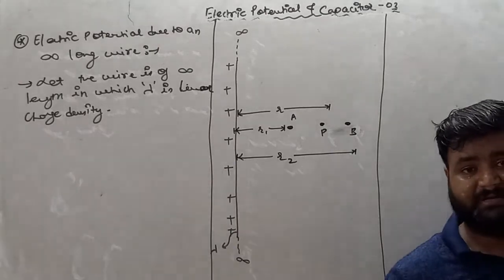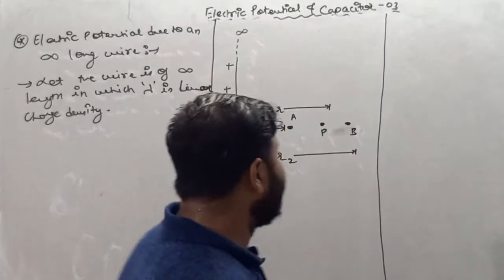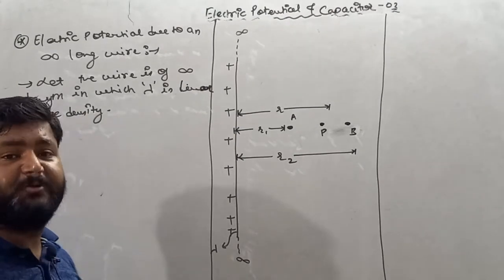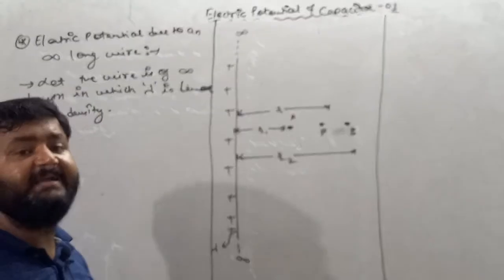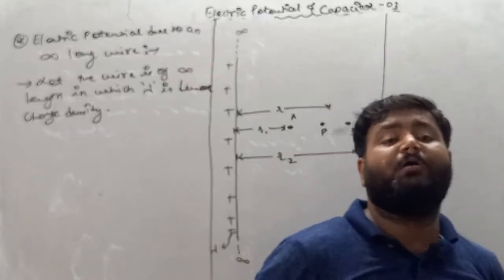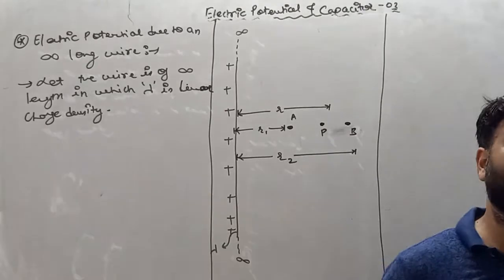Now see, my dear student, if you wish to find the value of electric potential due to an infinite long wire, you must know the formula of electric field due to an infinite long wire.